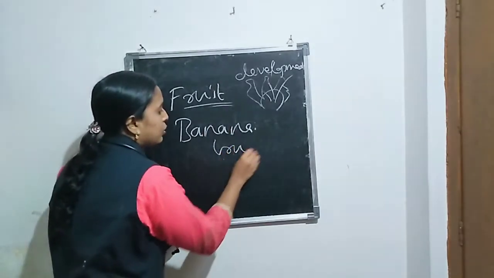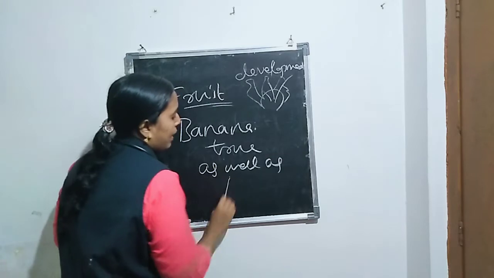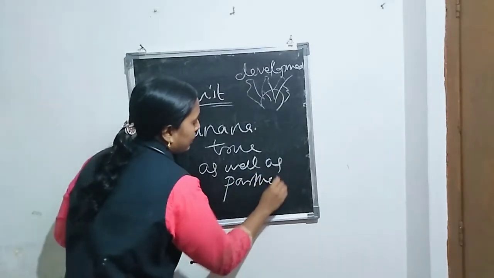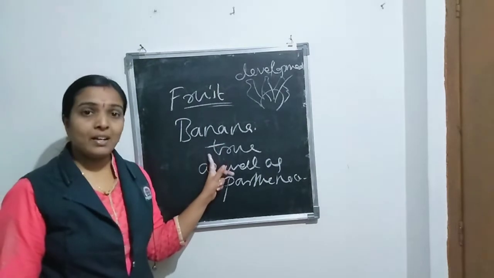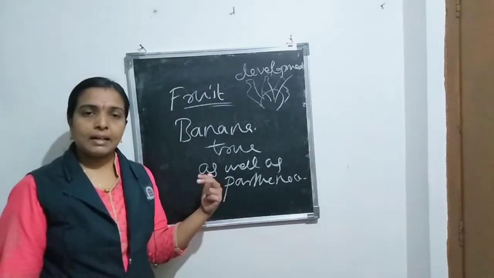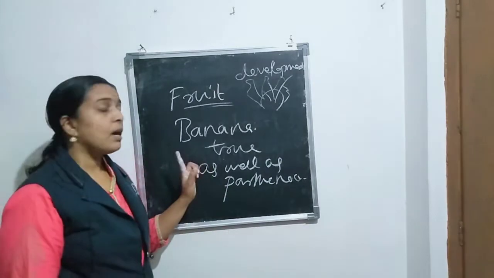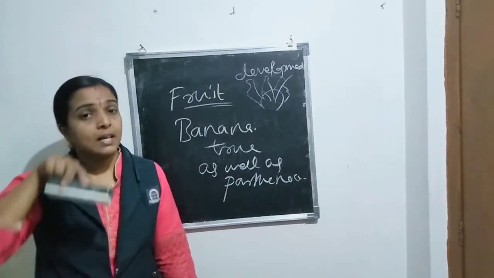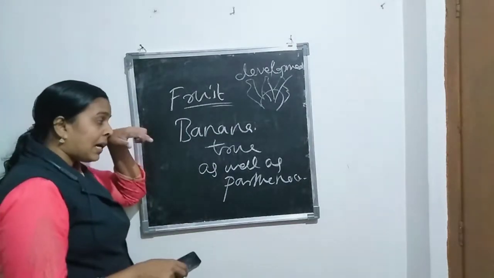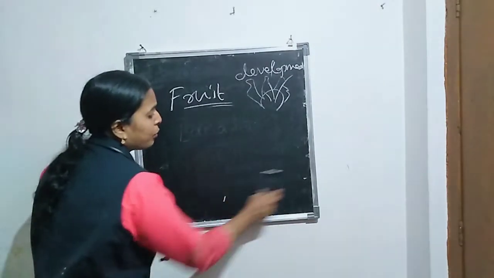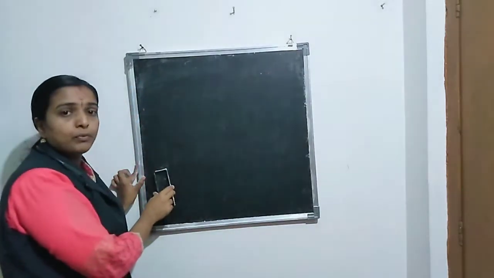It is called a true fruit because banana develops directly from the ovary, but there is no fertilization. That's why banana is a true fruit as well as a parthenocarpic fruit. They are seedless. These are the different types of fruit.